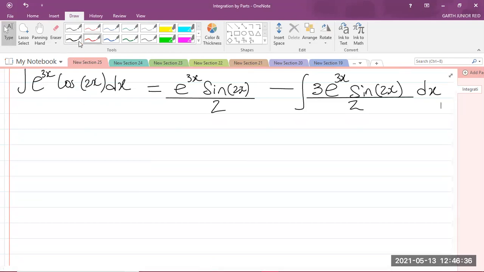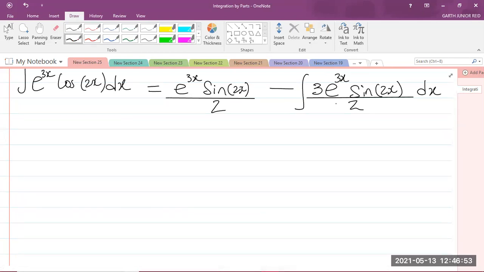Okay, great. All right. So if you look inside the integral, we have 3 over 2 being multiplied by e to the 3x times the sine of 2x. Now 3 over 2 is a constant, and I can take out any constant outside of the integral. Okay?